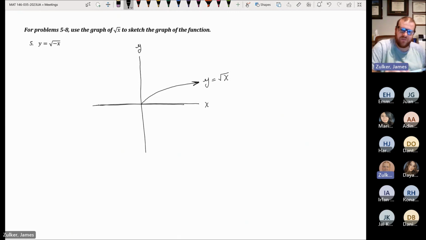One over square root of x. No. Where do you get dividing by square root?